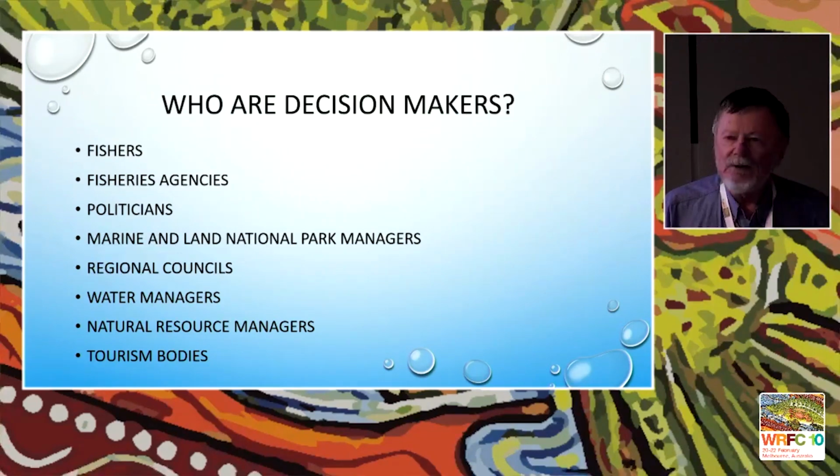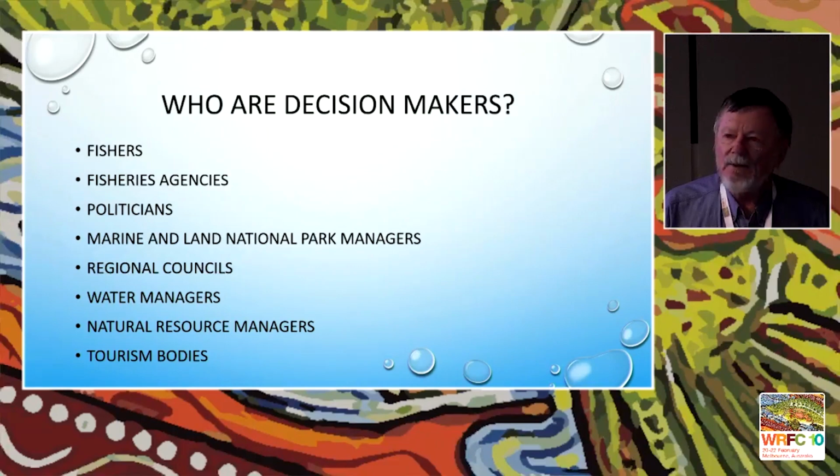But then we come to things like regional councils. Regional councils have a vested interest in data on the fish and fishers, particularly if they have a water body within their jurisdiction that the people in that area utilise and visitors that go there utilise. Water managers also have a vested interest in the data.